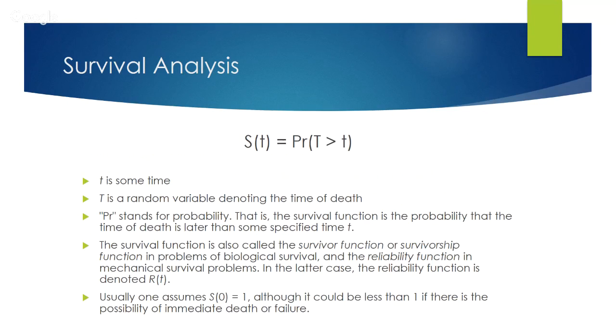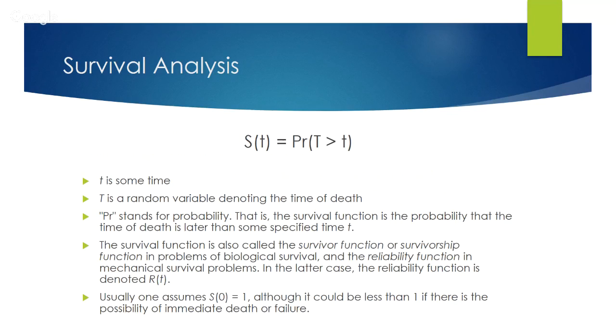Now, I said earlier, survival analysis is a collection of methods. This is one of them. This is what's called a survival function. The lowercase t is an amount of time. T is a random variable denoting the time of death. PR stands for probability, so this does take some degree of randomness into play. The survival function is the probability that the time of death is later than the specified time t.